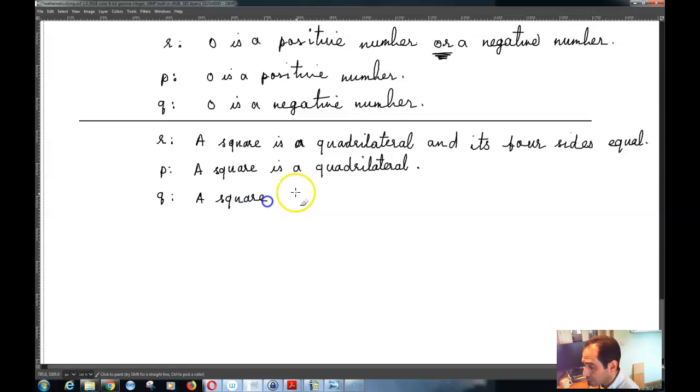We know that a square is a quadrilateral, and of course a square has all its sides equal. So both of these statements are true, and here the connecting word is AND.